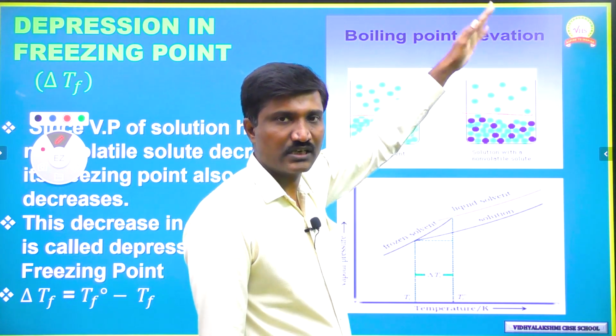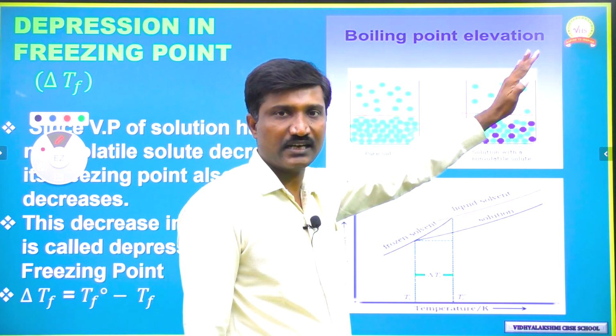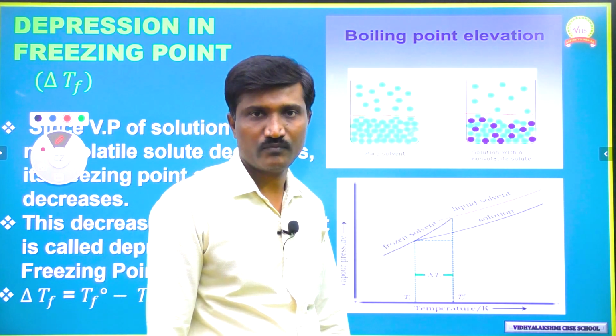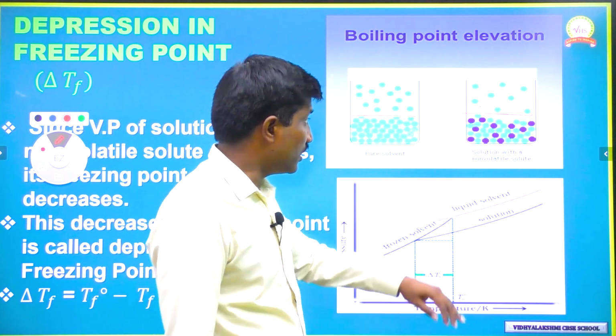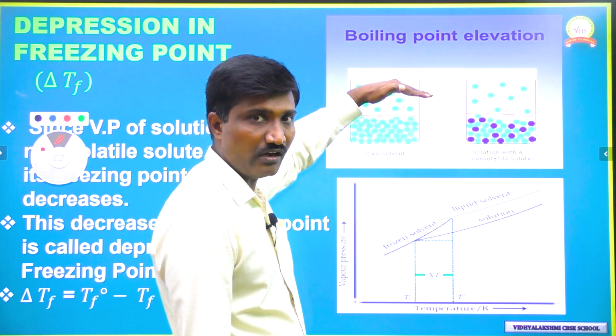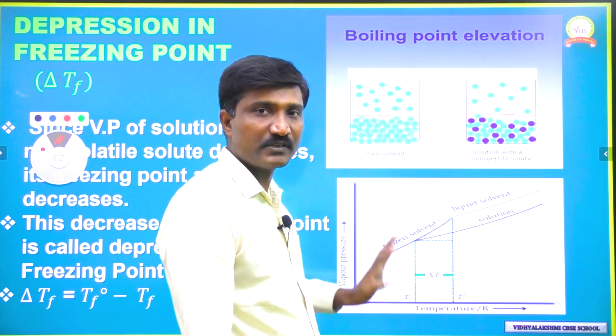Only solvent molecules undergo vaporization, but those vapors are less, so the vapor pressure is less for the solution, but the pure solvent vapor pressure is more. Is it clear? Since the vapor pressure is more for the pure solvent, more solvent molecules enter into the vapor state.